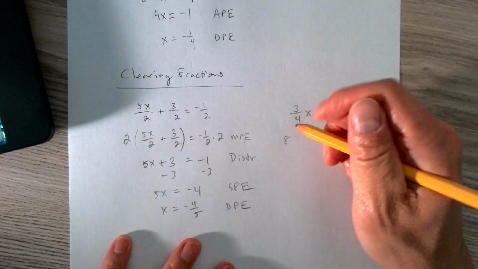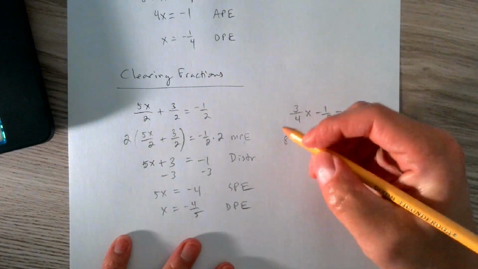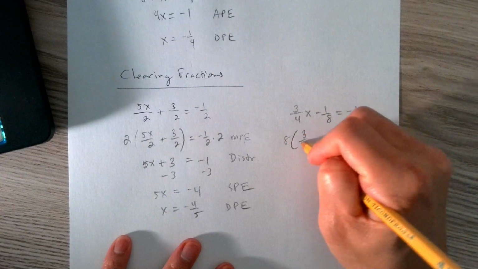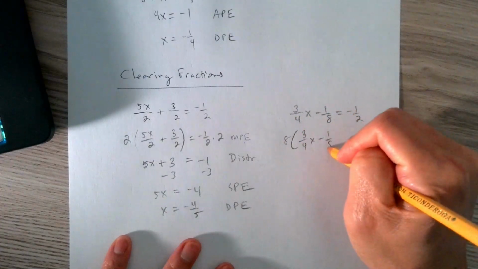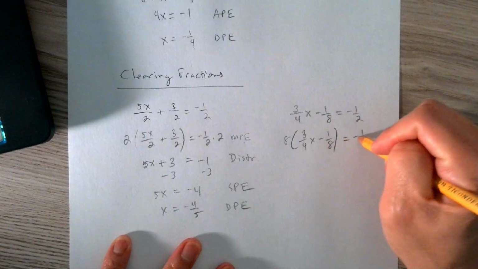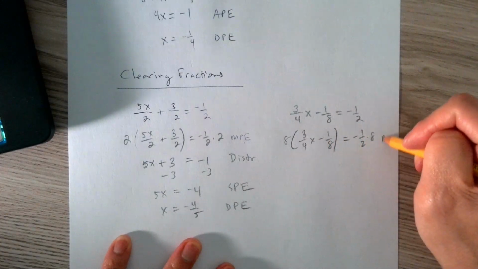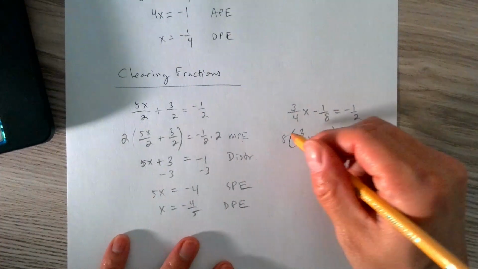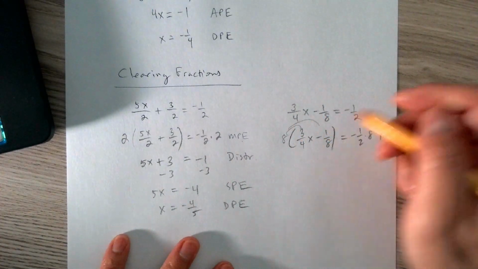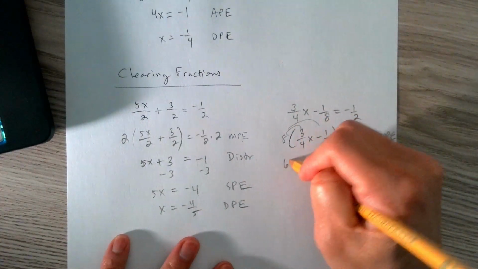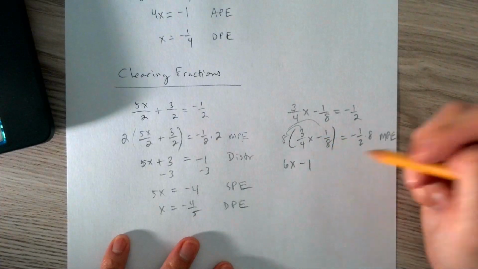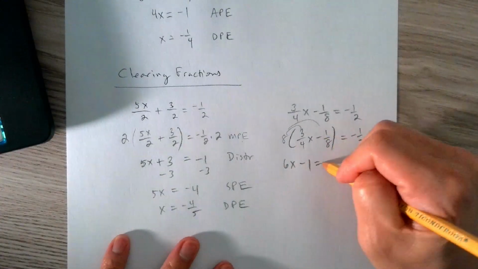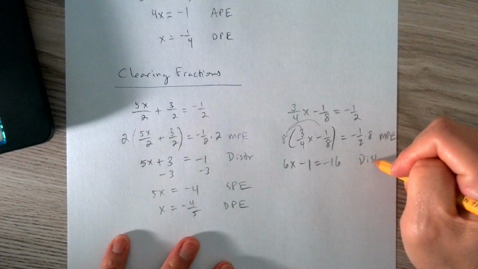So okay, that's my MPE step. And now I'm going to distribute that 8. That's distributive property.